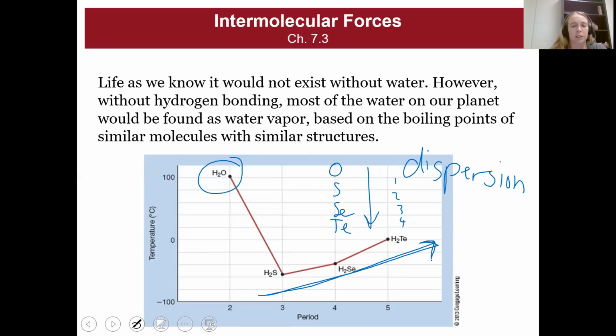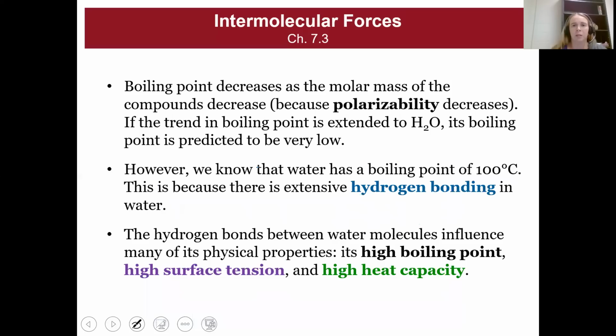But if that was the case, then we would have water actually down here somewhere, which would be bad for life as we know it. So thank goodness for hydrogen bonding. And this just follows up on that.